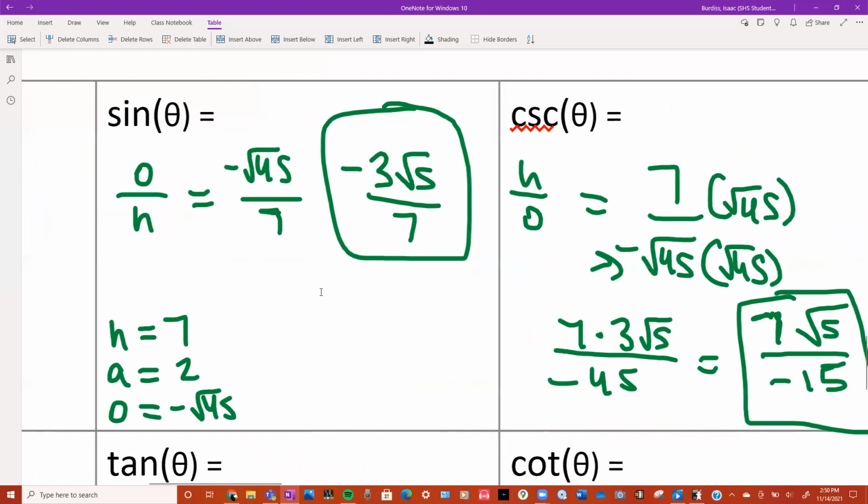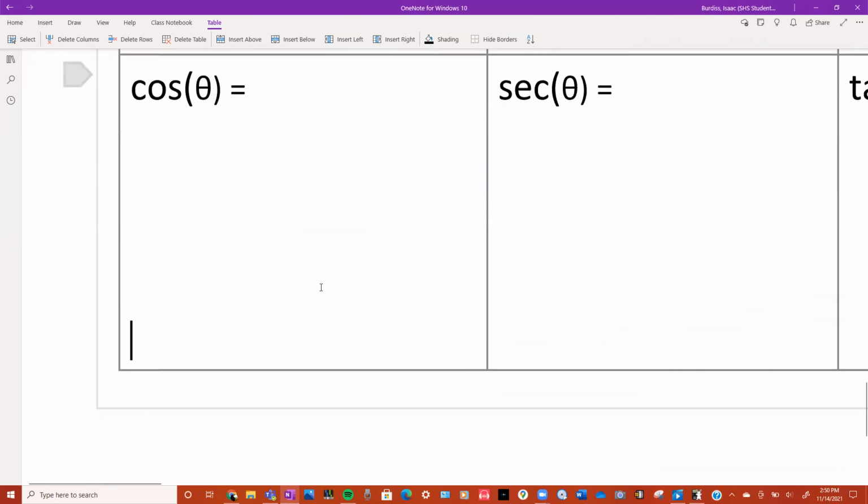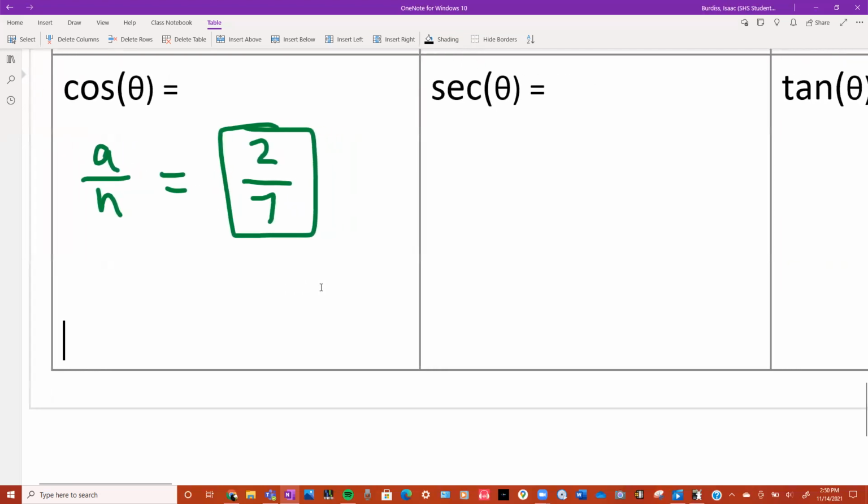So that one wasn't so fun, but let's see, cosine. Oh, yay. Why do I say yay? Because we were already given that one. Cosine is a over h, but we were already given that anyways. That was 2 over 7. Secant is just reversed of that.